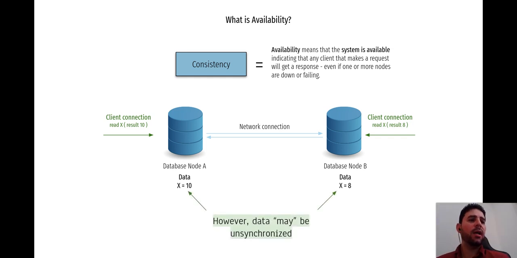This property is called availability. But in the case of availability, data may not be in sync. Data may be unsynchronized because if some nodes were down, for example, how can data be in synchronization with all nodes? That's not a guarantee. So from the client perspective, the whole system is available, but the data may not be in sync.